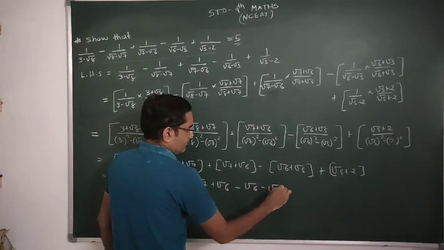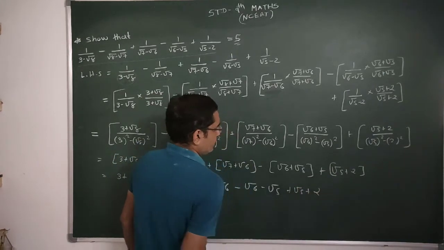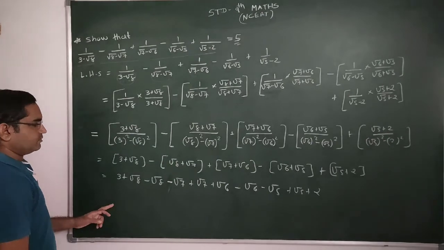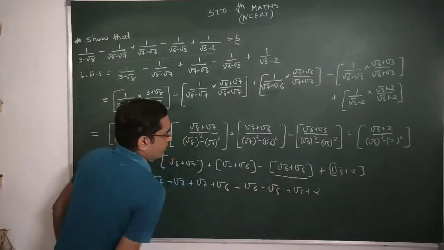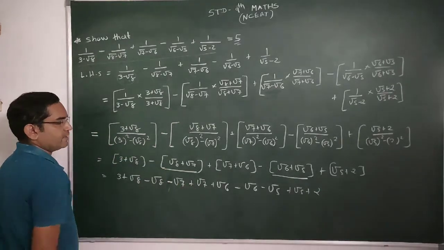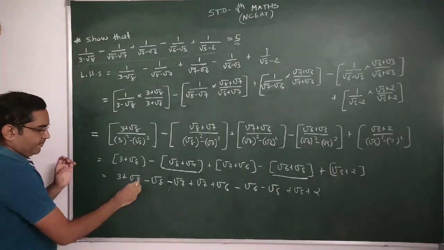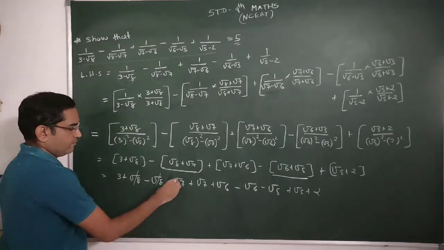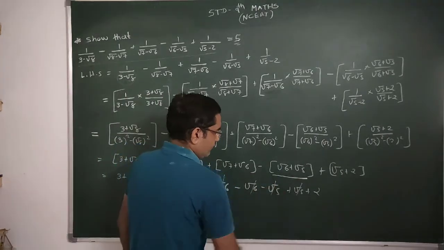So minus root 6 minus root 5, plus sign as it is. Now check this. जहाँ पर माइनस साइन थी ब्रैकेट ओपन करेगा वहाँ पर साइन चेंज होगी. माइनस साइन में ब्रैकेट ओपन किया साइन विल बी चेंज. पॉजिटिव साइन विल बी एज इट इज. Now check this. This is plus root 8 minus root 8 plus root 7 minus root 7 plus root 6 minus root 6 plus root 5 minus root 5.